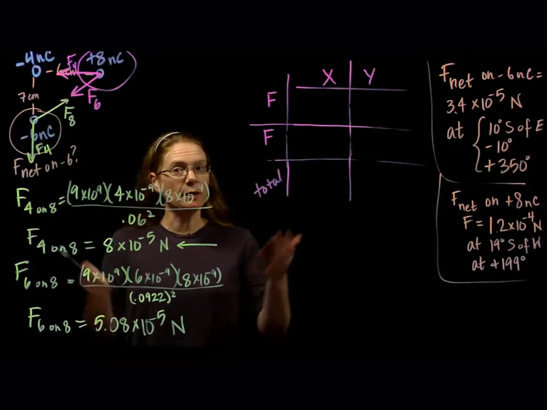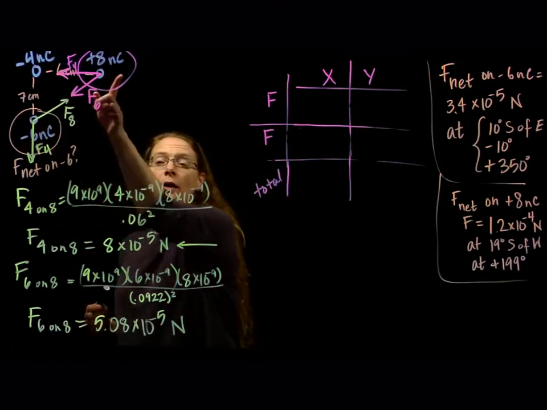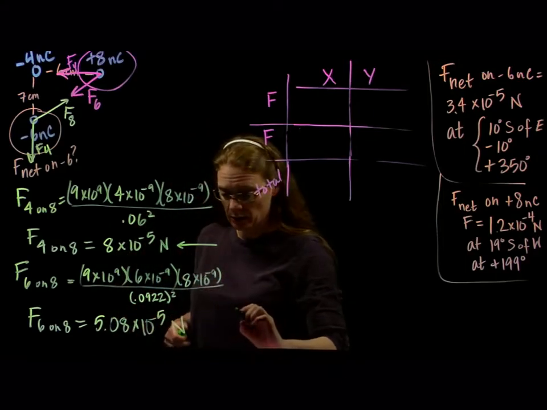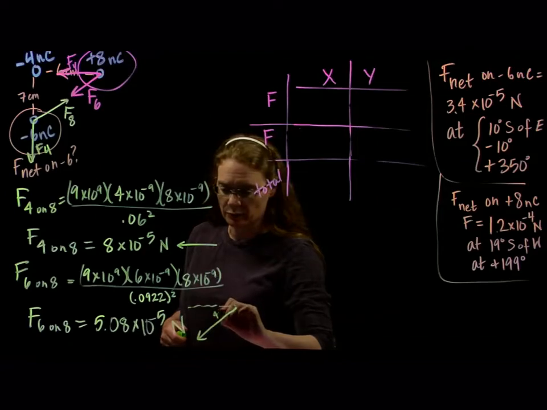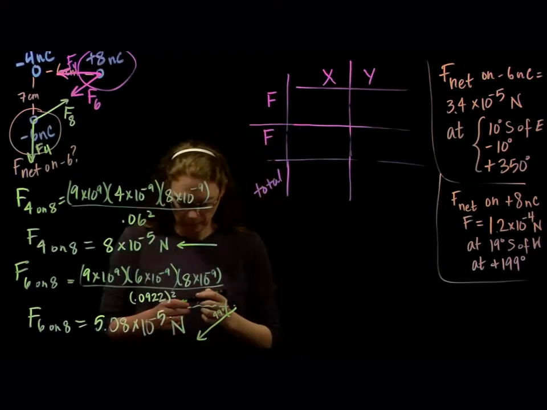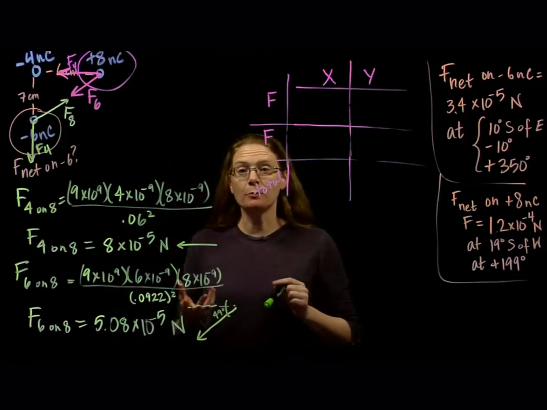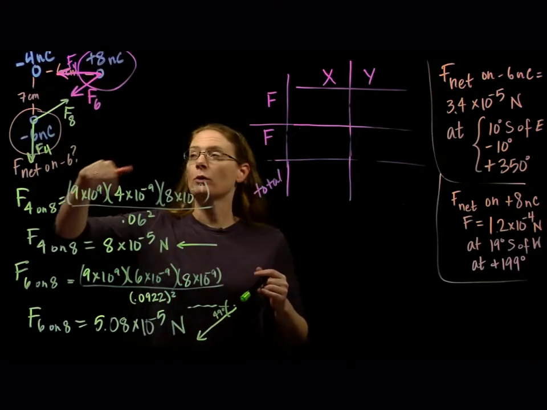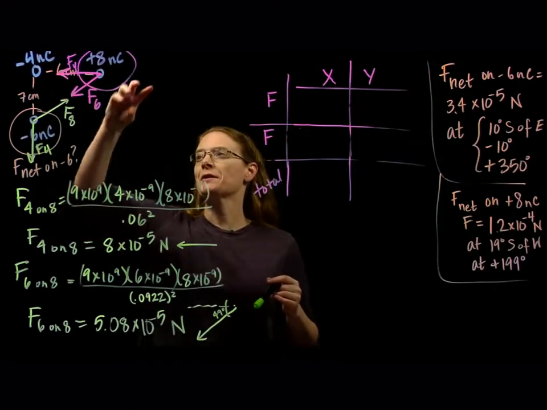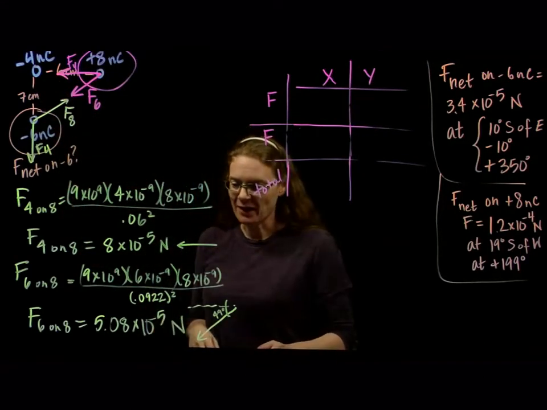The direction is going to be opposite. Previously we had it going up and to the right. Now we know it's going down and to the left, and from the horizontal it's still 49 degrees. So you can save yourself a little bit of work if you recognize what's going to be the same if you're dealing with two questions in the same setup.